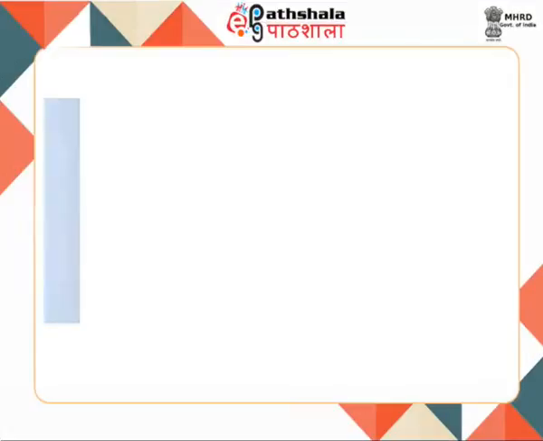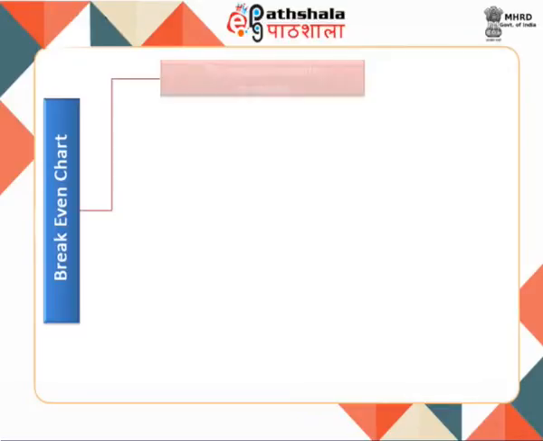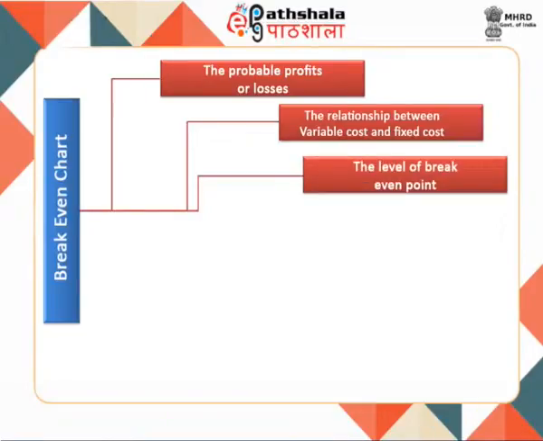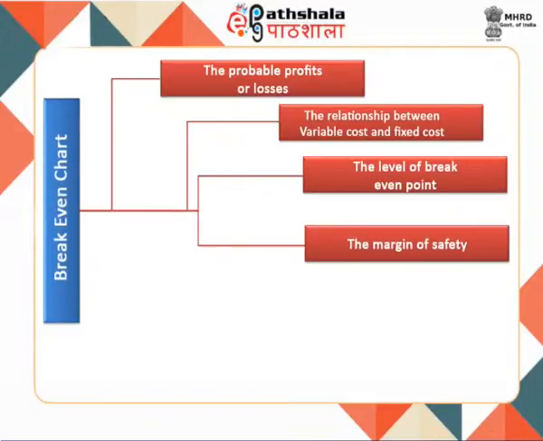Break-even chart shows graphically the following. Number 1, the probable profits or losses of the firm at different levels of output. Number 2, the relationship between variable cost and fixed cost. Number 3, the level of output at which the firm breaks even, that is, the level of break-even point. Number 4, the margin of safety, which will be discussed later in this module.